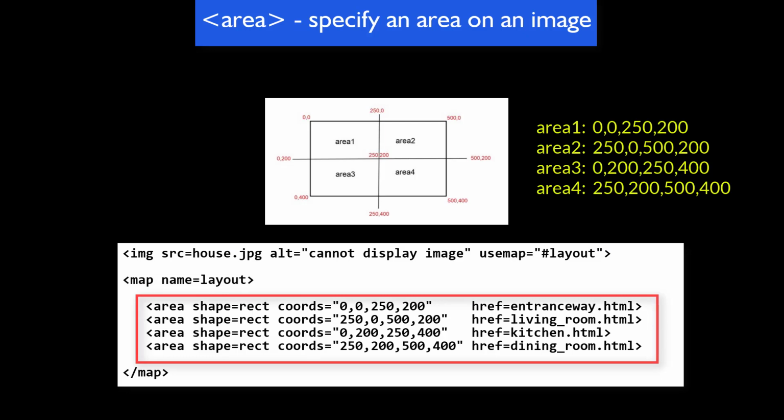And you'll see the area, shape equals rect in all cases, and then the coords, the values we put earlier, and then for each one, an href. So when this area is clicked, you'll go to a page called entranceway.html, or livingroom.html, or kitchen.html, or diningroom.html, and so on.